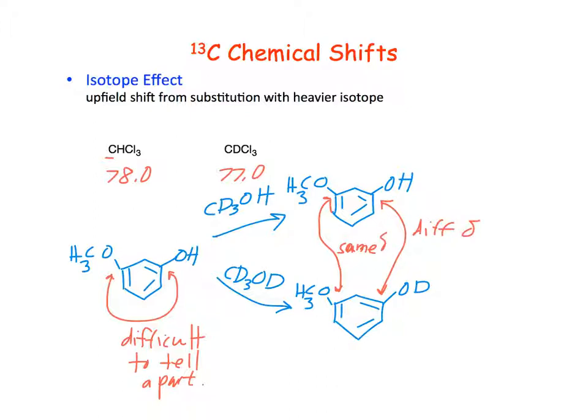It's just a small difference. I don't really have a number here to tell you how much. I think it's only on the order of a part per million or something, or less. But you can see the difference. You can see one shift and not the other one. And so, based upon that, you could assign which carbon has the OH versus the methoxy group.